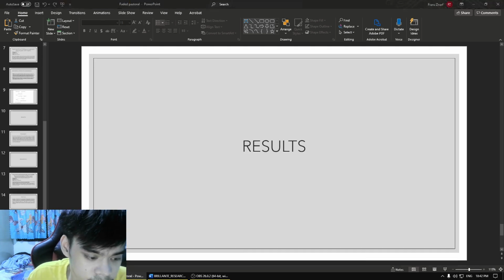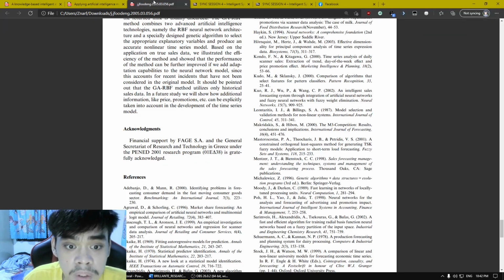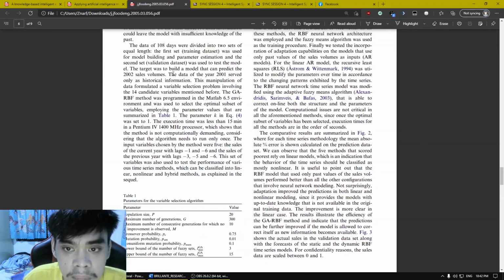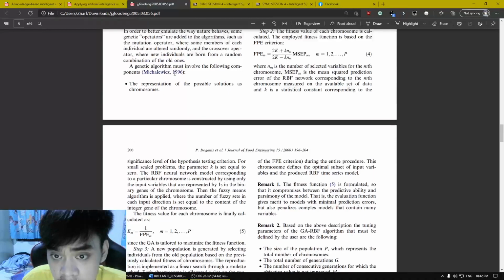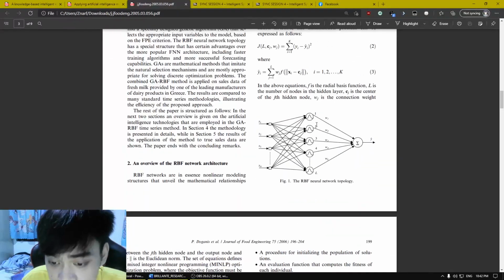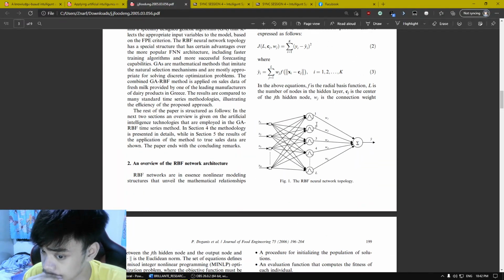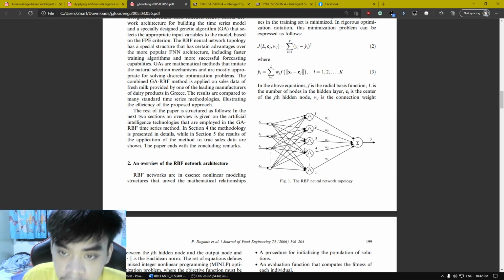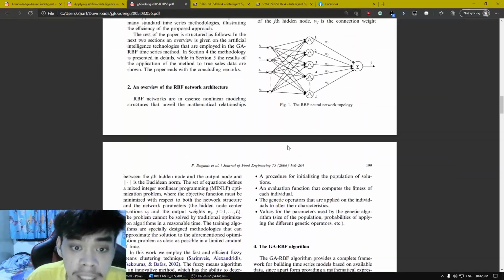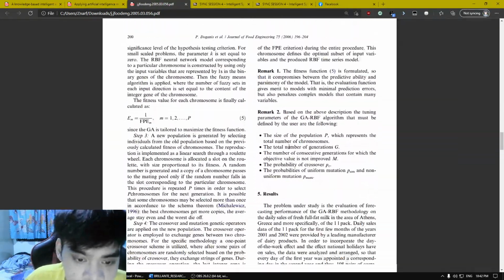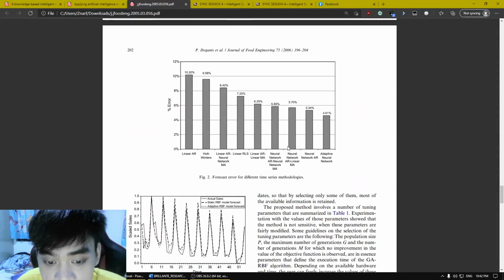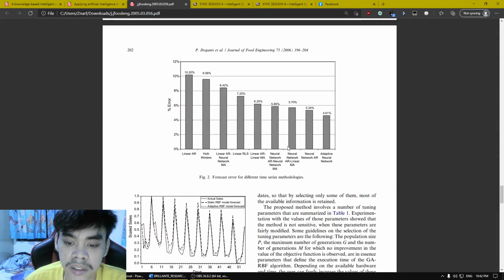Okay, so for the results, I will show you the graphs provided by this study. First, this is the RBF neural network topology, or rather the RBF network architecture. I'm very sorry about that. Again, this is the graph for the forecast error for different time series methodologies.